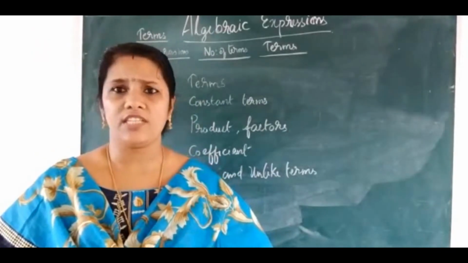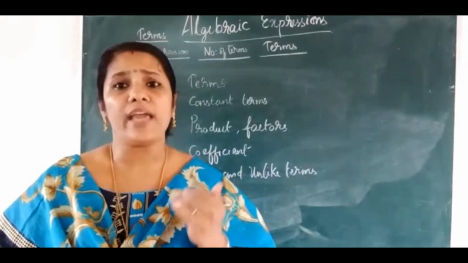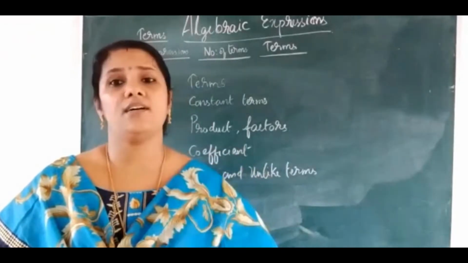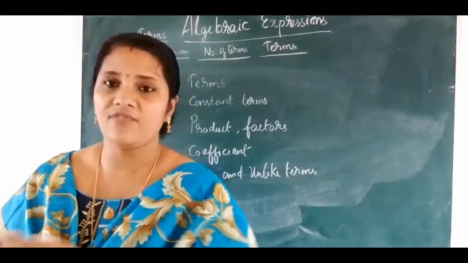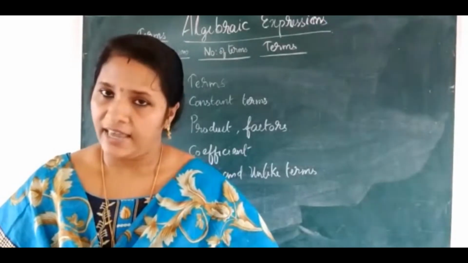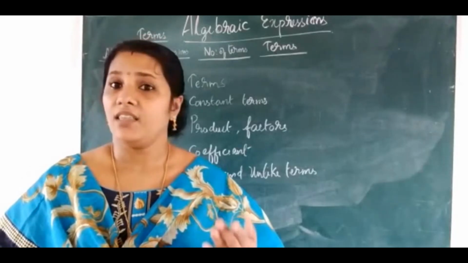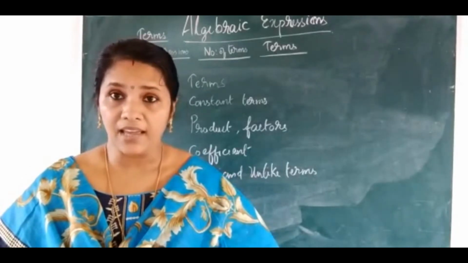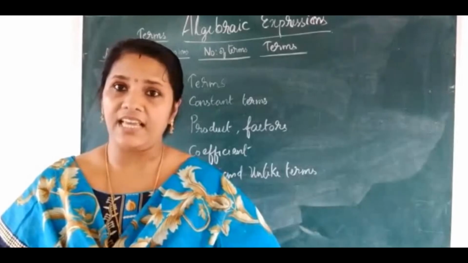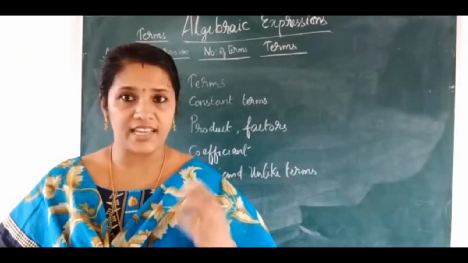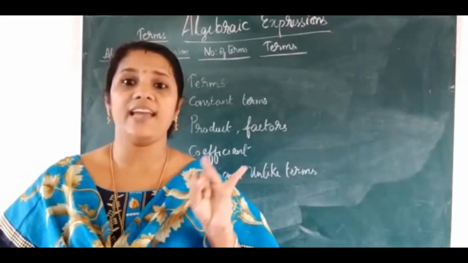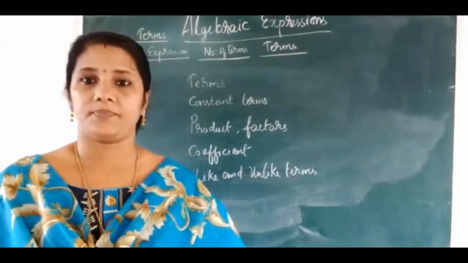Then what is a coefficient? A coefficient is also a factor of the terms of the algebraic expression, of the remaining factors. Say again the example ABC: the coefficient of AB in the term ABC is C. And two types of coefficients are there, numerical coefficient and literal coefficient.